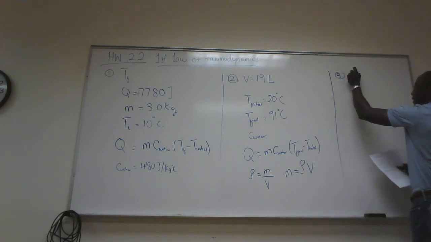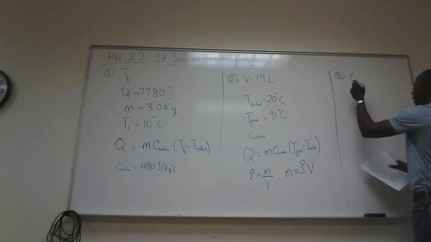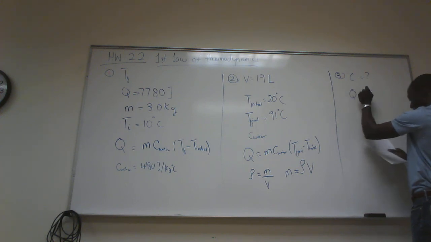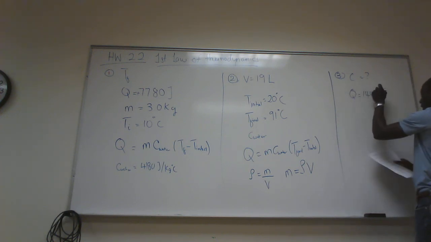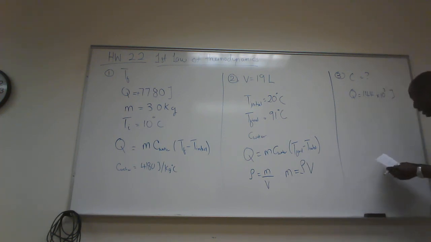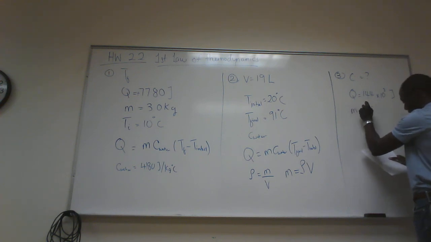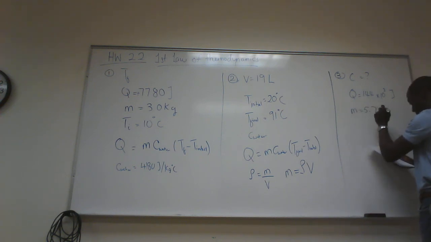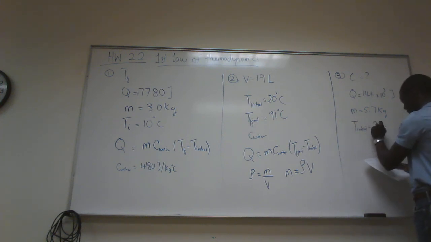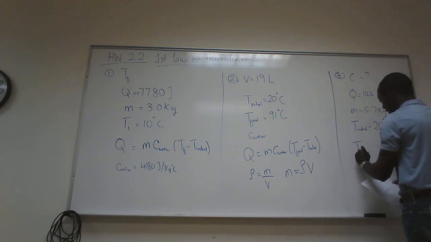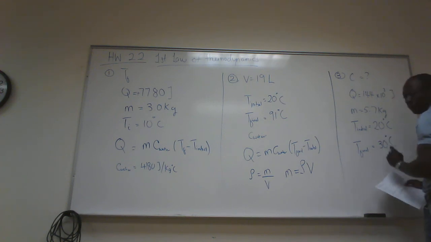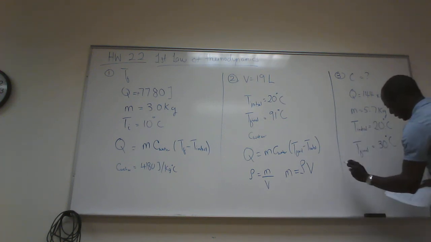So the specific heat C, if we have 144 kilojoules, so we have to convert that to joules, is needed to raise the mass of 5.7 kilograms from an initial temperature of 20 degrees centigrade to a final temperature of 30 degrees centigrade. Alright, so we can still use the same equation here.